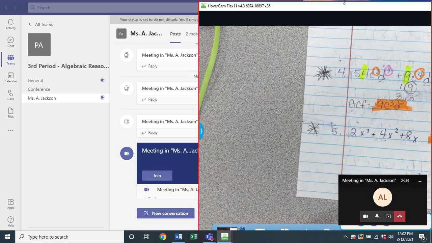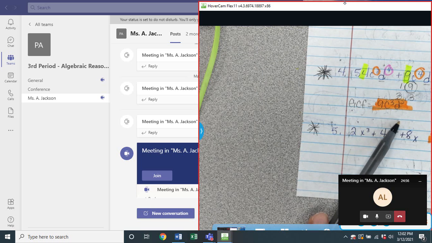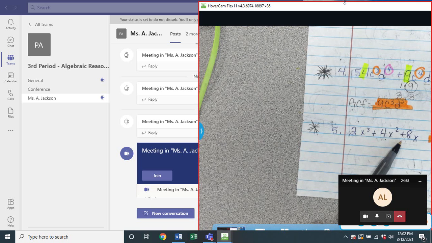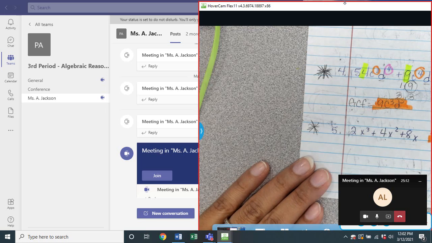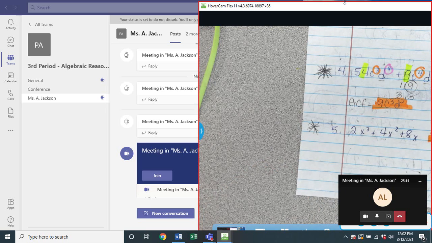Okay, tell me what to do. I got my number now. This is 2x to the power 3 plus 4x to the power 2 plus 8x. So tell me what to do after I write the number down. Which is the number that I should be looking for between 2?